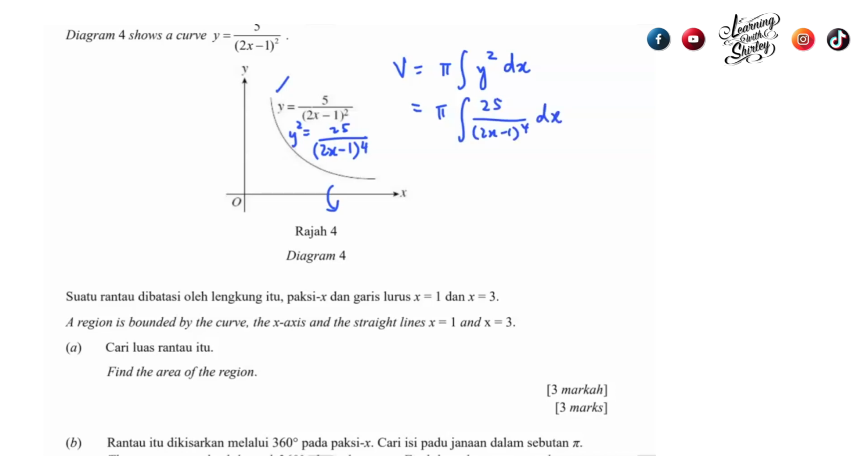So this 25, I can bring it out also, so it becomes 25 pi. Inside here, I'm going to change to index form, so 2x minus 1 whole thing power -4, dx.